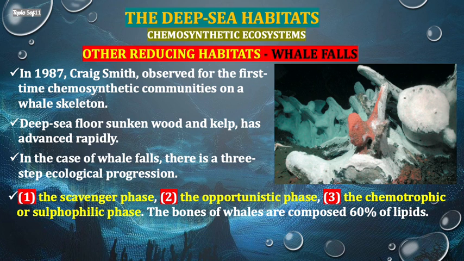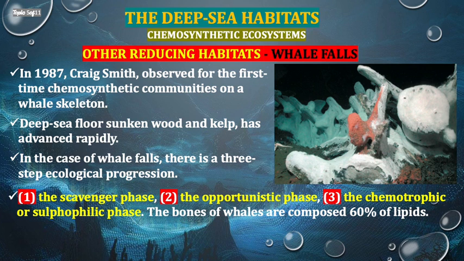At this stage, the exposed bones and the sediments are colonized by opportunistic polychaetes and crustaceans. And then the final phase, which is the chemoautotrophic or sulfophilic phase, completes the ecological progression of the whale falls community.